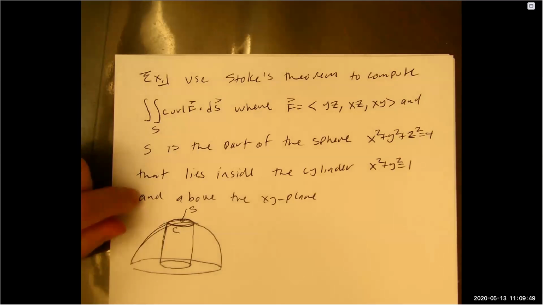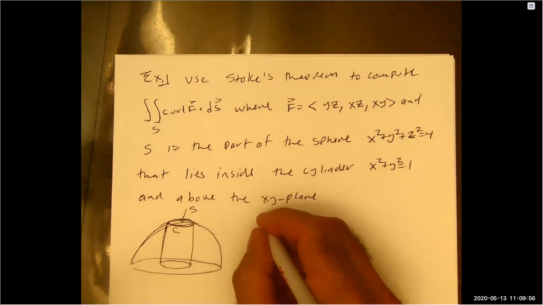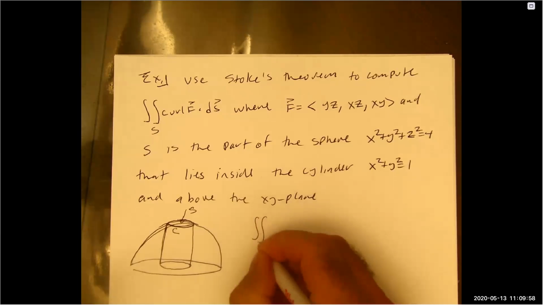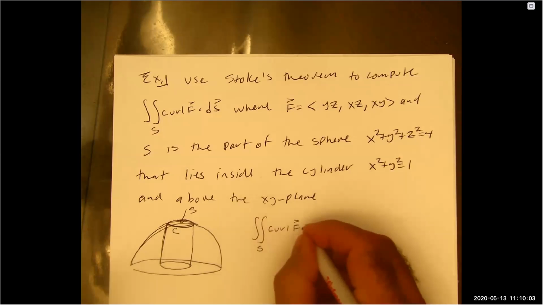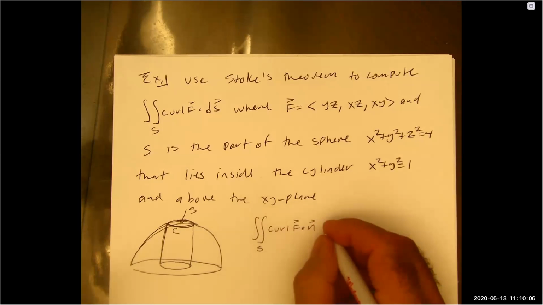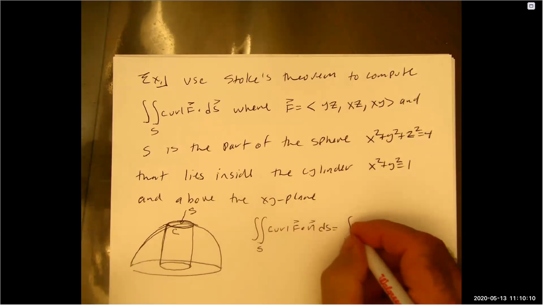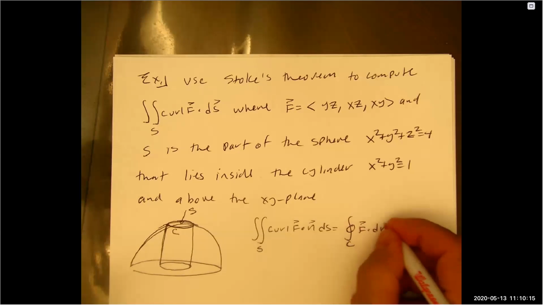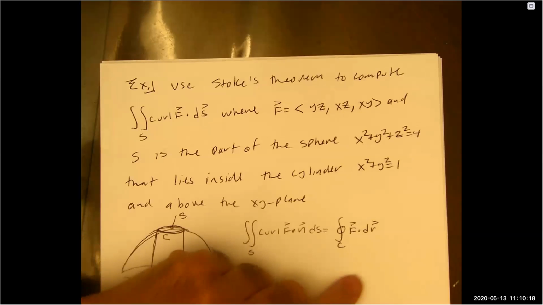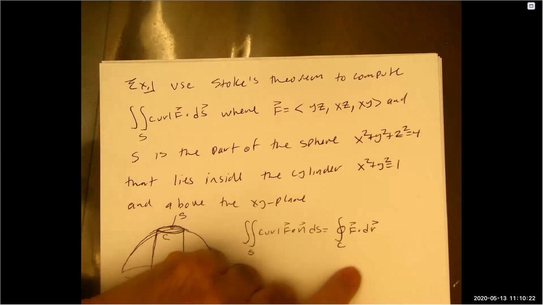And so because they're asking us to calculate the surface integral using Stokes' theorem, they're wanting us to use this formula. They're wanting us to use that the curl of F dot N dS is equal to the line integral over C of F dot dr. And so basically what they're asking us to do is calculate the surface integral using this line integral.